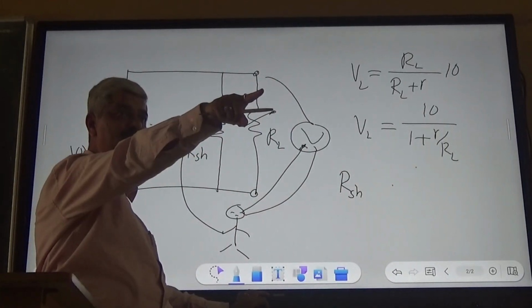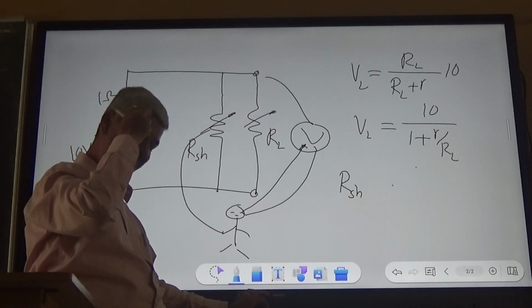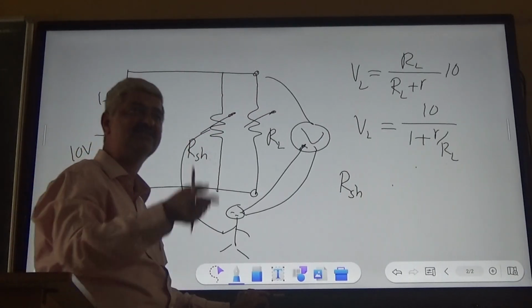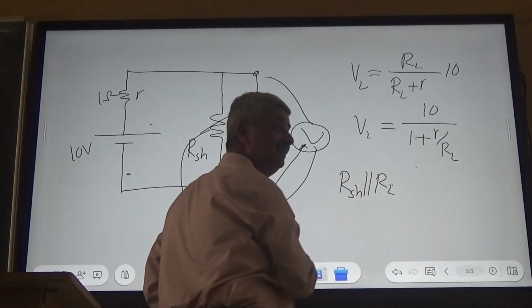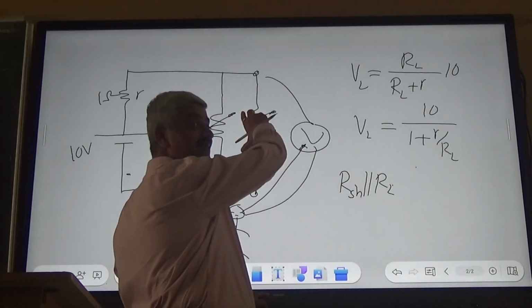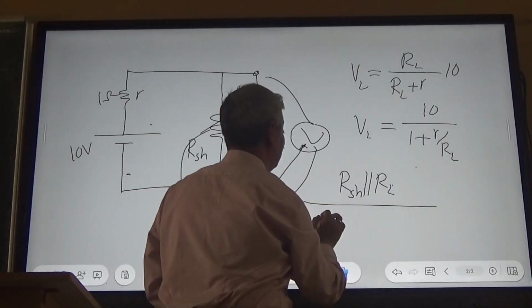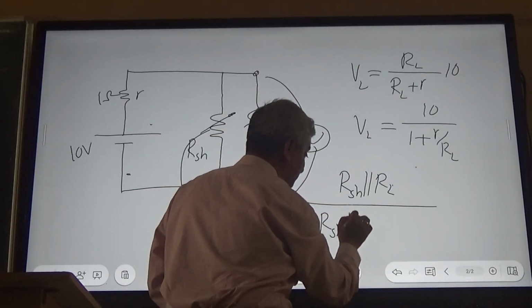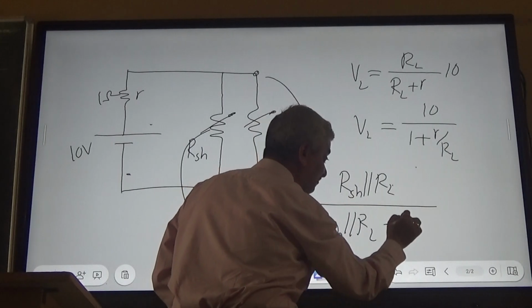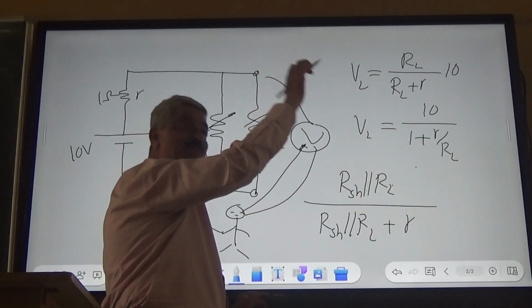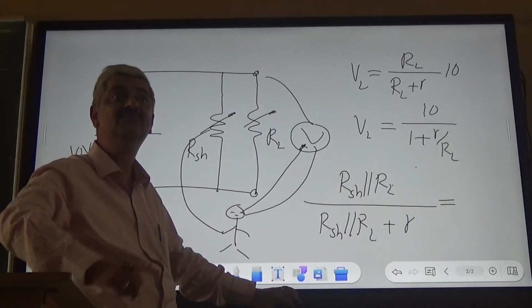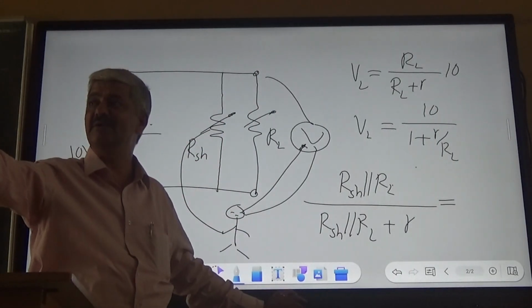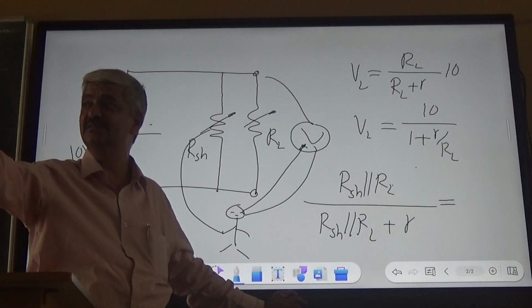What are you doing? You are doing some research on magical resistance. RSH such that RSH parallel RL upon RSH parallel RL plus R must be equal to 7 upon 10.